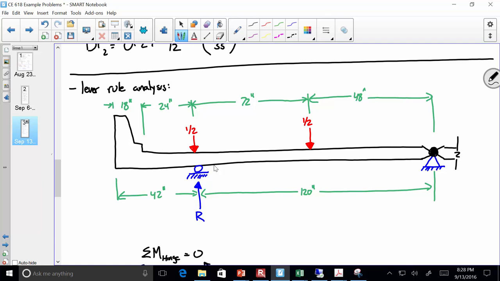Make sense? So maybe I'll draw a little red dashed line right there, and I'll call this DE is 2 feet. Make sense?